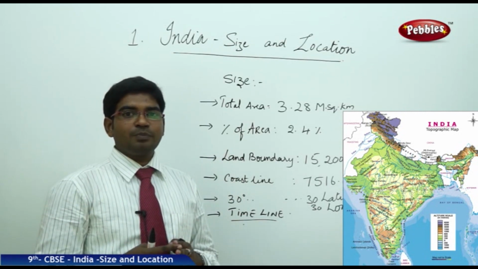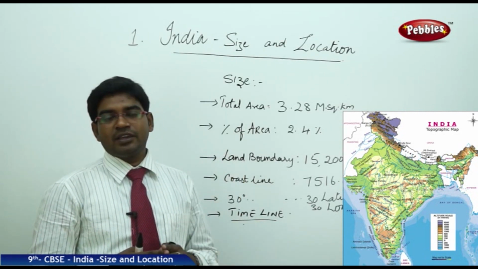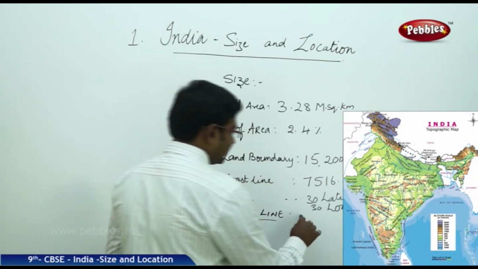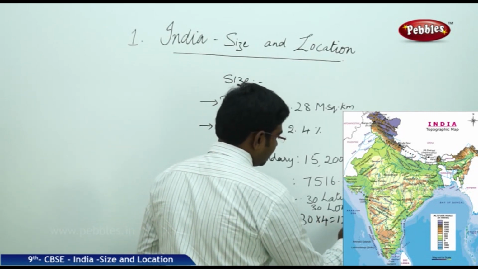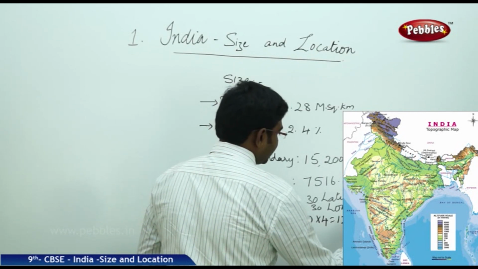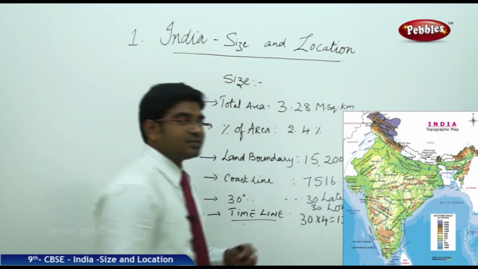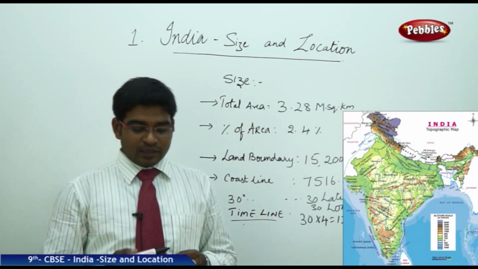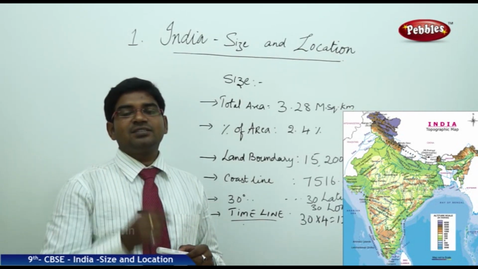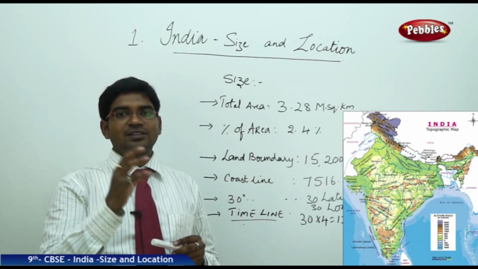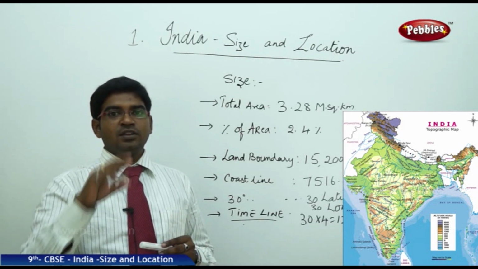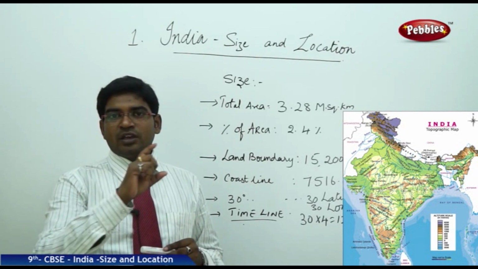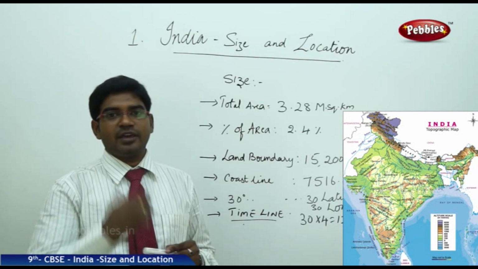So 30 into 4 is equal to 120. So 120 minutes of time difference can be observed if 68 degrees is taken into consideration for the Indian Standard Time. So Arunachal Pradesh people would be experiencing 2 hours of delay because we have 120 minutes of variation there.